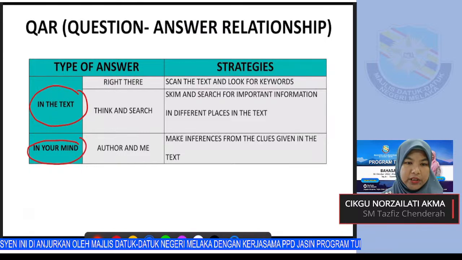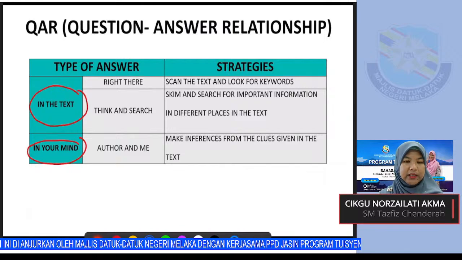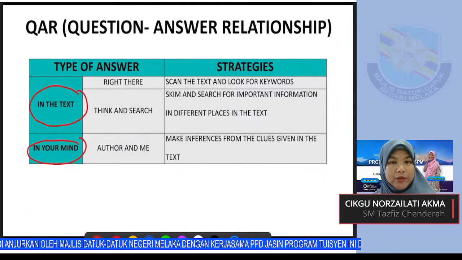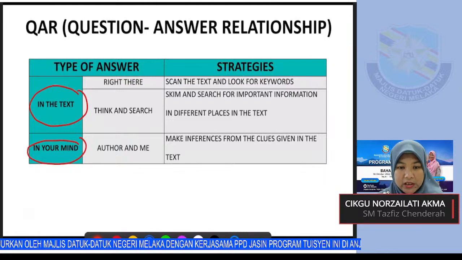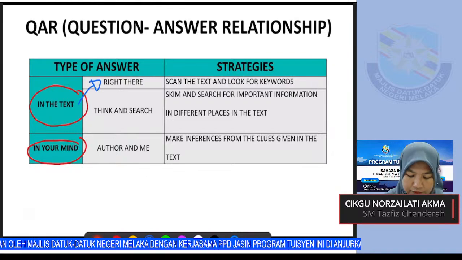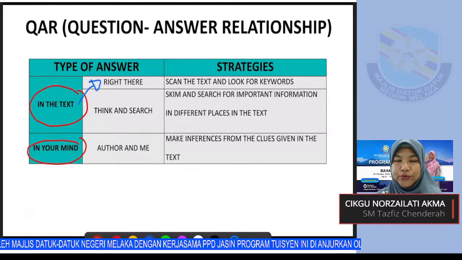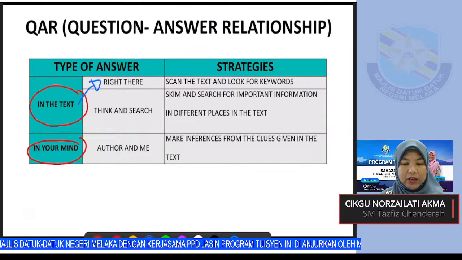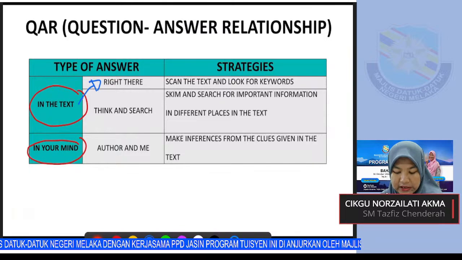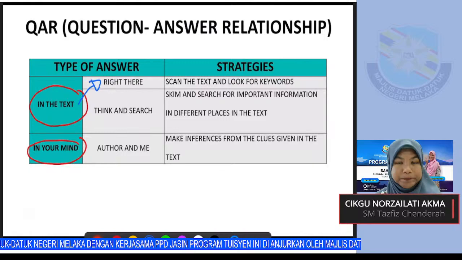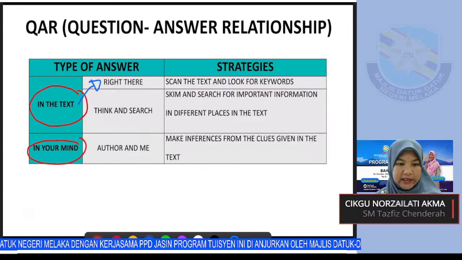Let's go to the type of answer that you can find in the text. Let me use another color. First, in the text, sometimes you can find the answer straight away. That is very clear, and you do not need to look further. All you have to do is scan the text and look for the keyword, and you can quickly find it.